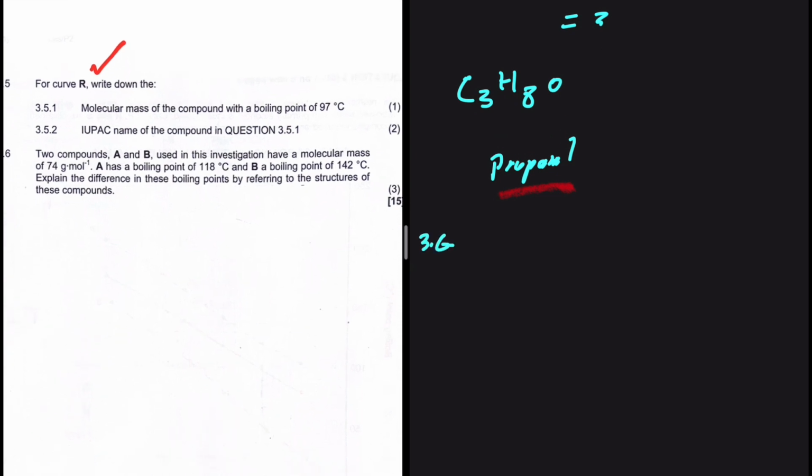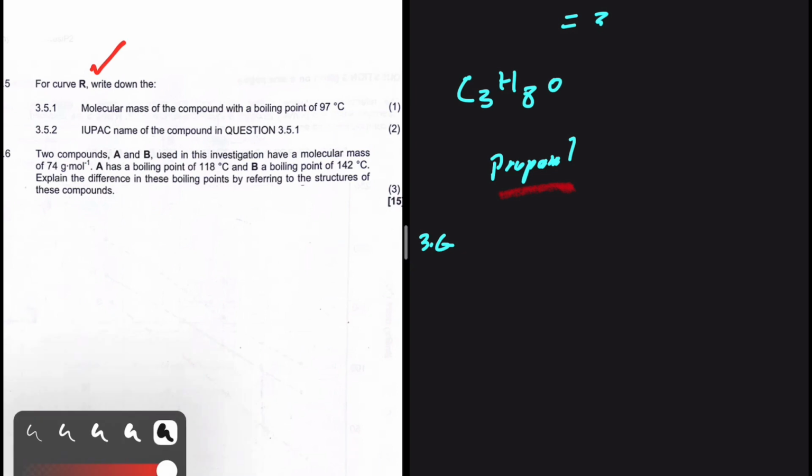3.5.2. 3.6. Two compounds A and B used in this investigation have a molecular mass of 74 grams per mole. A has a boiling point of 118 degrees Celsius and B a boiling point of 142 degrees Celsius. Explain the difference in these boiling points by referring to the structures of these compounds.